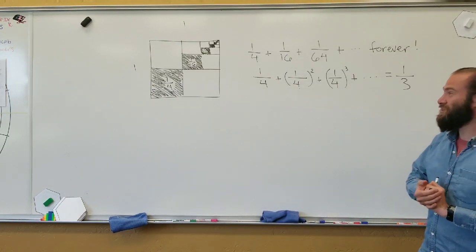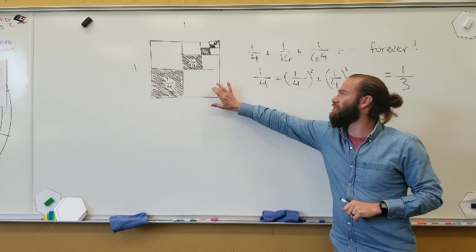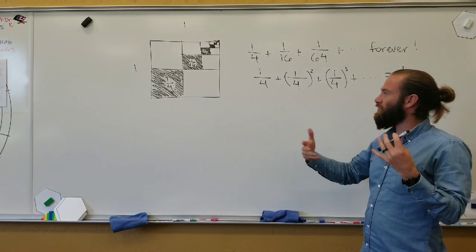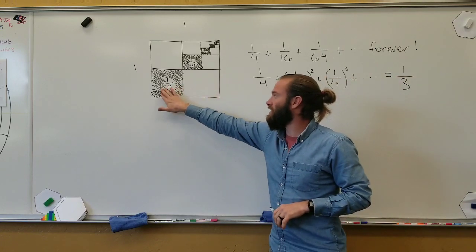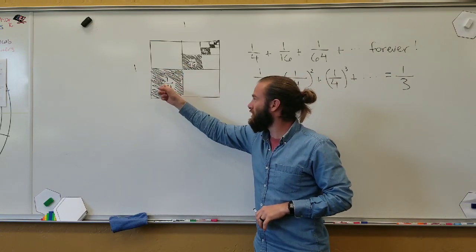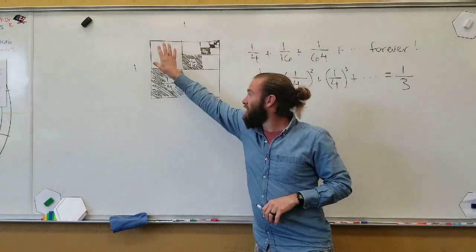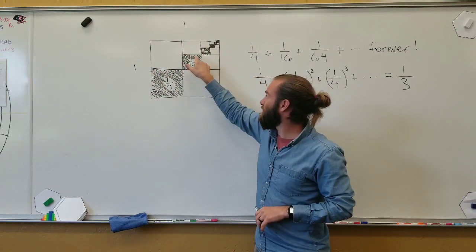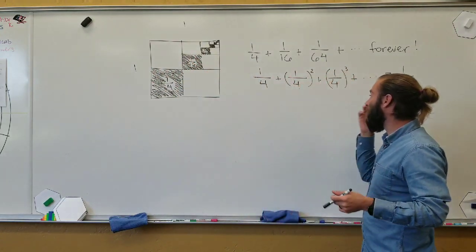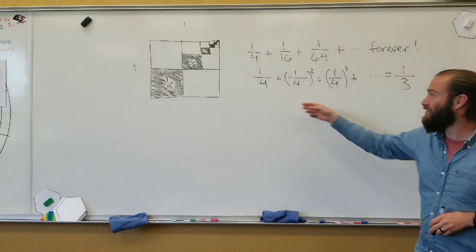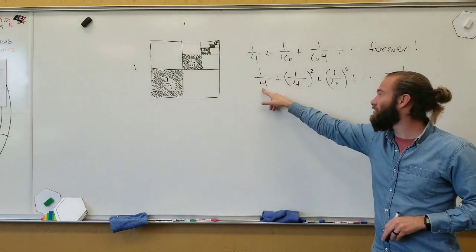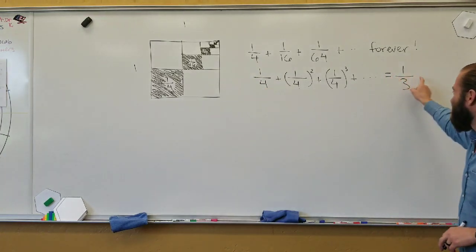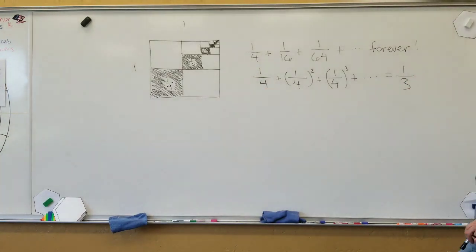This is more or less considered a proof, because there's not really a way to refute it. You can imagine that it goes forever that way, and obviously every piece has 2 other matches. So this takes up 1/3 of that space, and this takes up 1/3 of all that space. Overall, if we add forever the powers of 1/4, starting with 1/4, it's equal to 1/3. Isn't that crazy?